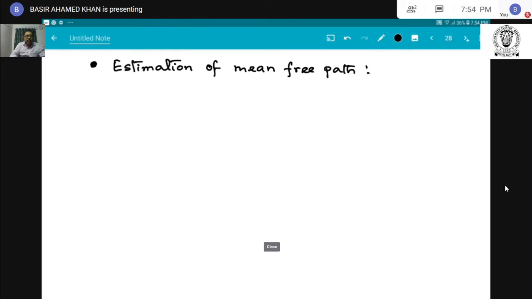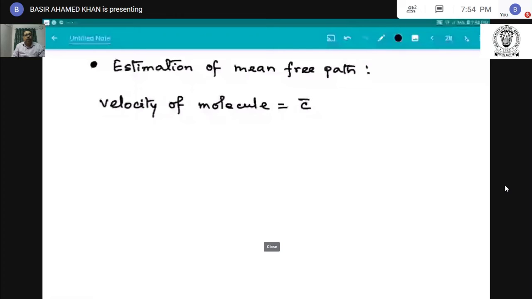We consider only one molecule, and the velocity of this molecule is equal to c bar, and the other molecules are at rest.